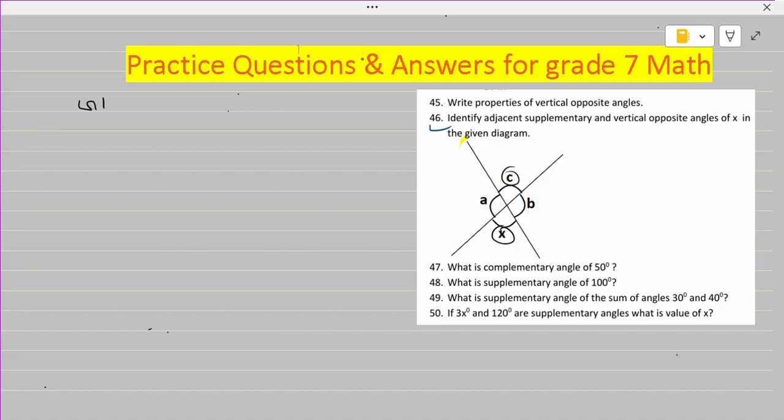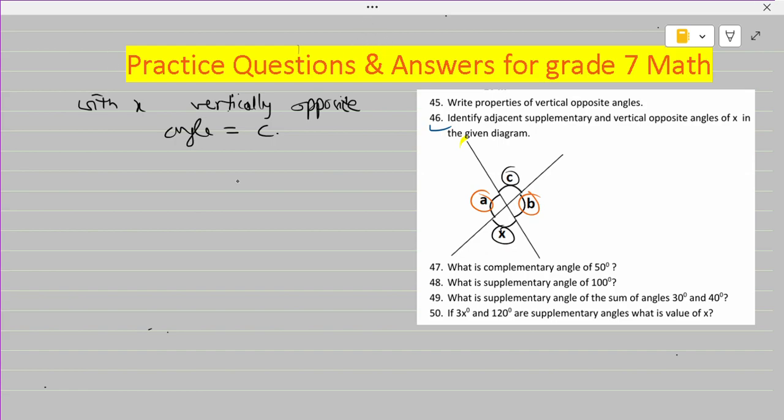So we say here, with X, the vertically opposite angle is C. And with X, the angles which are joined, adjacent, are A and B, and they are supplementary as well.